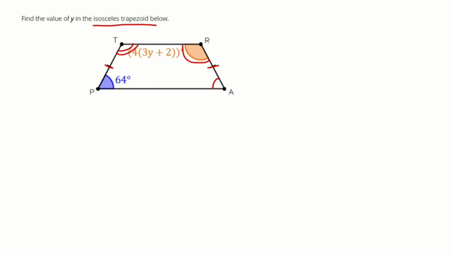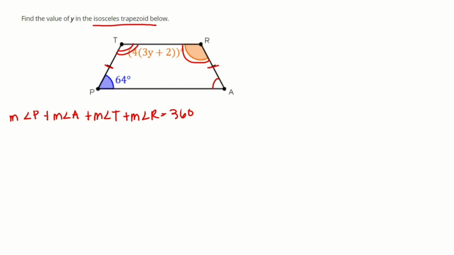Remember also that the sum of the interior angles of a trapezoid is equal to 360 degrees. So we have the measure of angle P plus the measure of angle A plus the measure of angle T plus the measure of angle R is equal to 360 degrees.